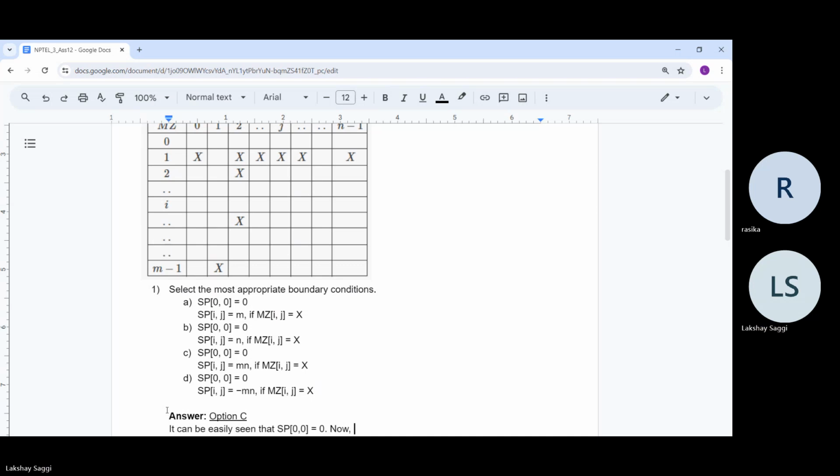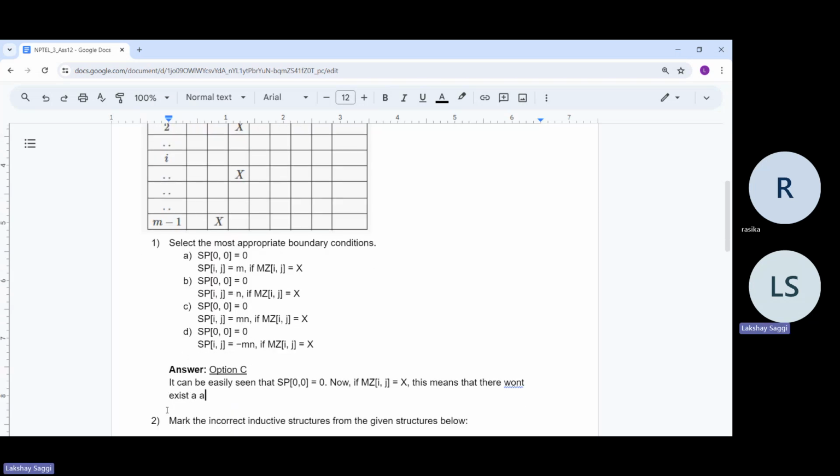Now, if the maze at (i, j) is a cross, so effectively there is a cross at (i, j), this means that there won't exist a path from (0, 0) to (i, j).